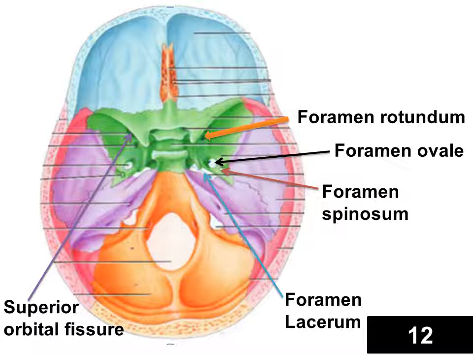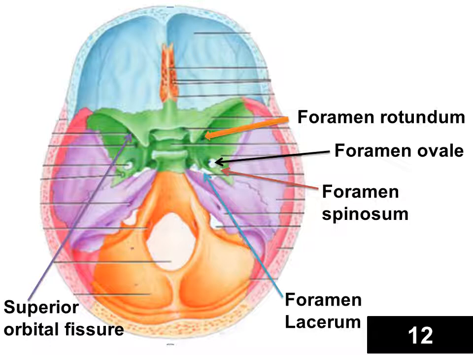This is the foramen lacerum, indicated by the blue arrow. It is not a true foramen; it is an irregular gap, as you see in the diagram, and in a living person it is closed by cartilage. Sometimes it is perforated by an emissary vein, meaning an unnamed vein.